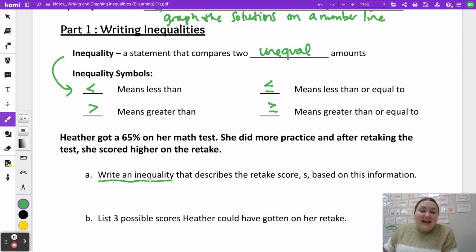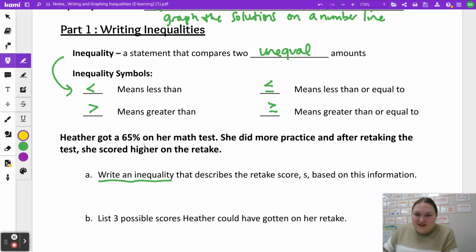The way we decide what we're going to use to write an inequality to describe our retake score is going to be information from the story. As you were reading through this, maybe you highlighted the word higher. If she scores higher on the retake, that's telling me she scored greater on the retake.